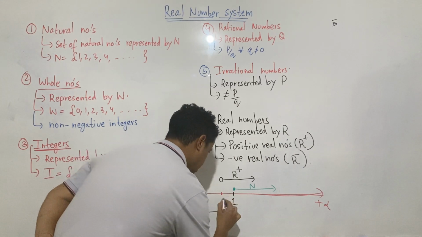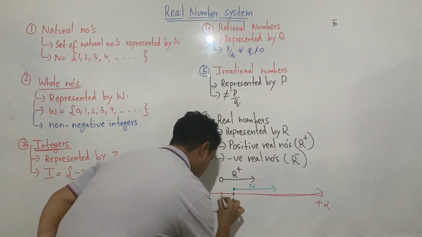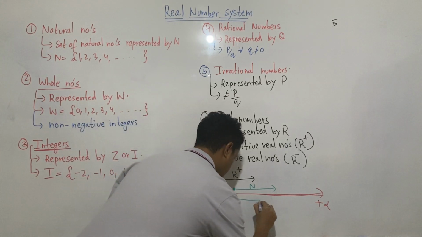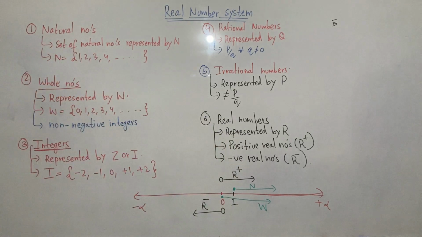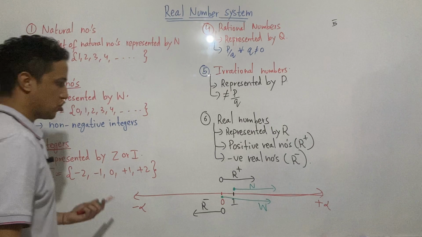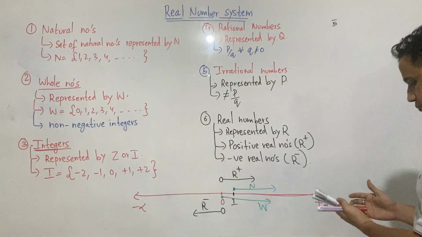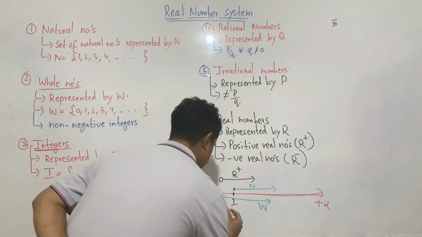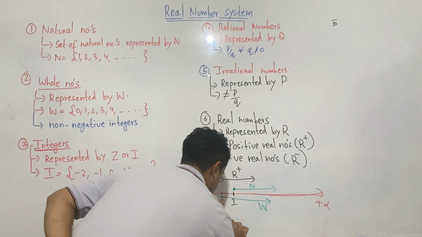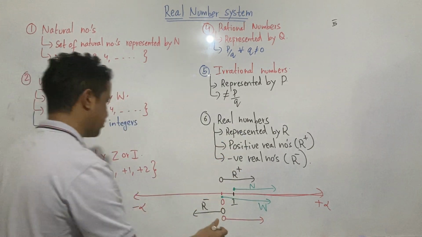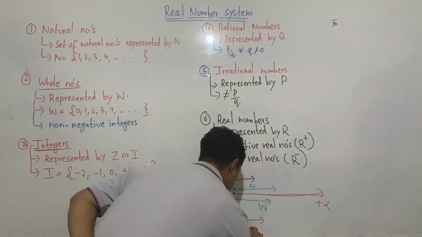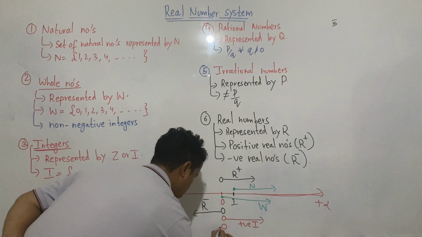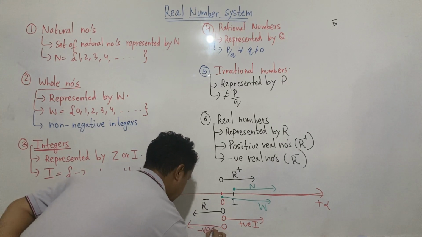So this represents whole numbers. Then integers are easy. On the right side, we have positive integers, and on this side we have negative integers.